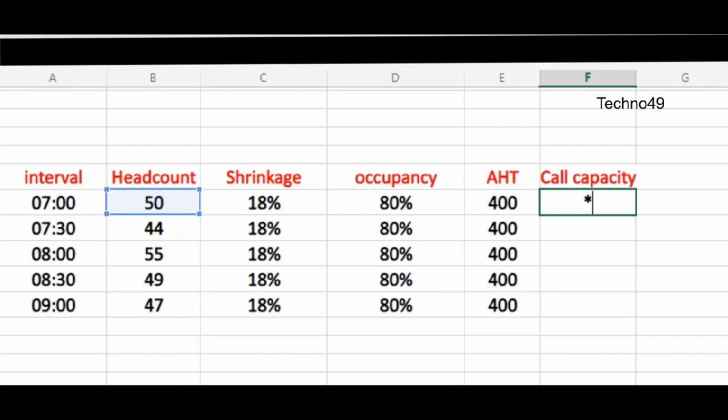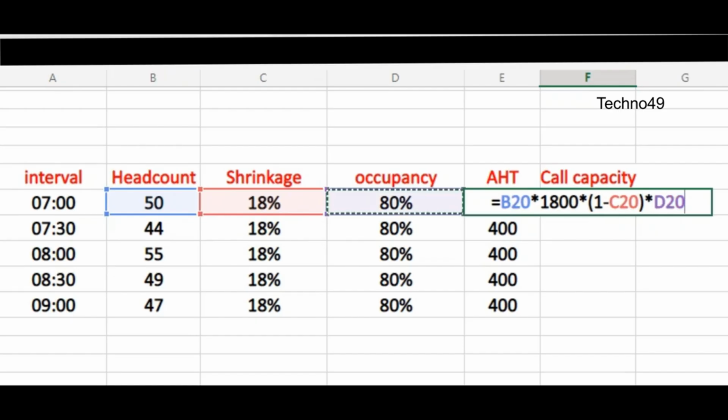Then multiplied by your shrinkage, that would be 1 minus 18%, bracket close, multiplied by your occupancy, divided by your AHT. So these are the components we have. Now once I just hit enter, let's see what kind of value we have.